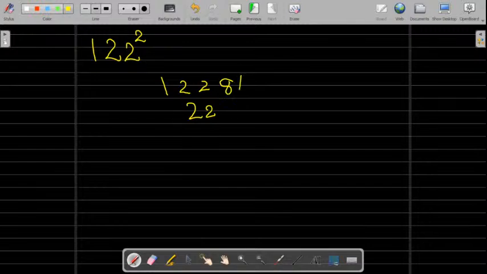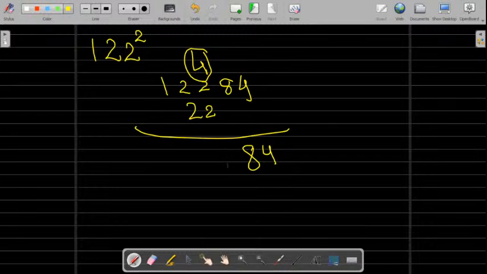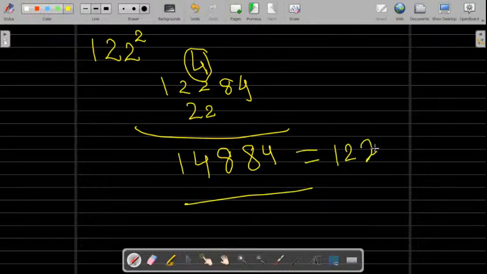So 4 you take here, then 4 will come as carry, right? So 84, then here again 8 will come, then 4, then 1: 1 4 8 8 4. So that is 122 square. So in this way you have to calculate the square of a number, right?